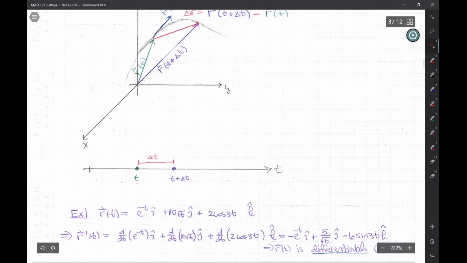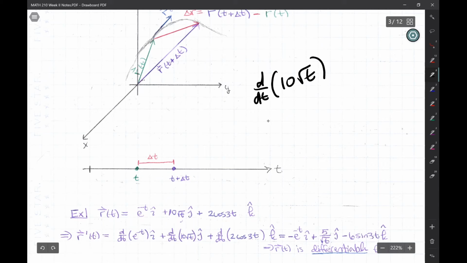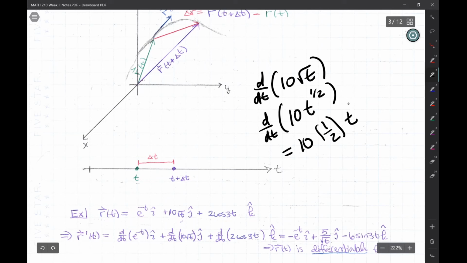And what's the derivative of the 10 square root of 2? We'll do that up here. So the derivative of 10 times t to the 1/2, which is the same as square root of 2, you just use the power rule and bring down the 1/2, and you're left with t to the minus 1/2.